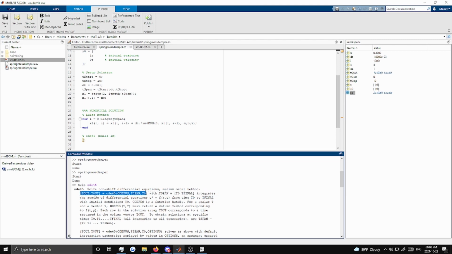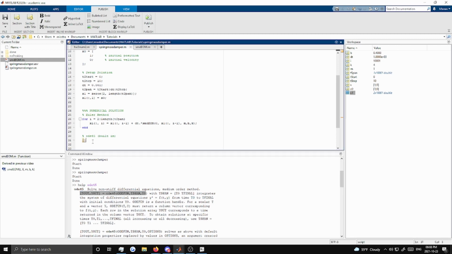We have our time out, we have our solution out. It's equal to ode45, put in the function, put in the time span, put in the initial conditions. And you know what? That's exactly what we'll do. So we have our time vector, which is going to be t, our second solution, which is x2. This is why we renamed it as we did. Put in ode45, put in the function, so at t comma x, these are our solutions.